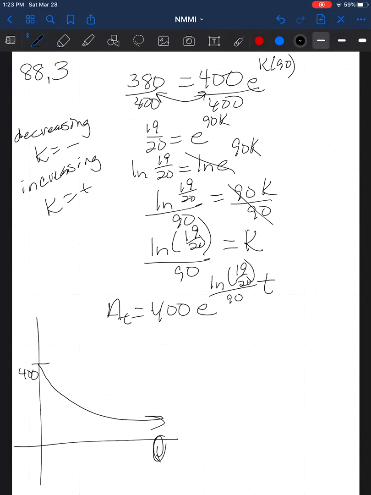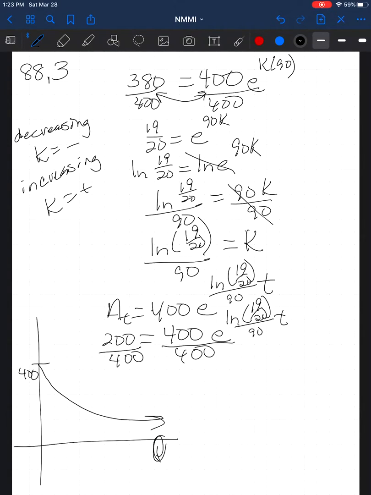So when it says half-life, if I originally start with 400, it means I'm going to have how much left? Half of 400 is 200. Now I'm going to write this for this time, but you don't really need to, and I'll show you why. When I divide this by 400 on both sides, 200 over 400 is 1/2.